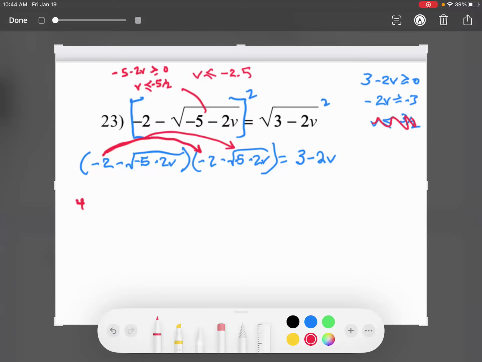So a -2 times a negative square root is going to create a +2 square root of -5 minus 2v. And we're always going to end up with 2 of those terms. It's just a pattern that happens because you're squaring a binomial. So we add 2 square root of -5 minus 2v.